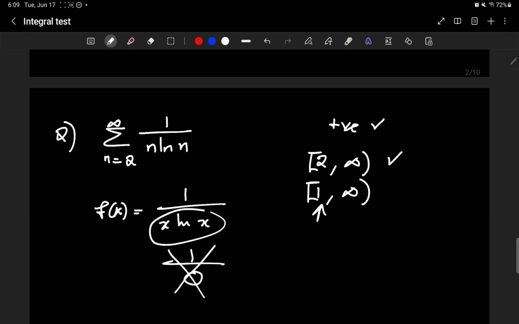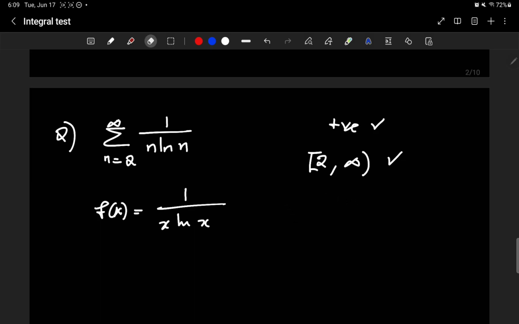So the first condition, continuity, would have failed at x equals 1, had it been included. But luckily for us, our domain starts from x equals 2. So we're not including that 1 which would have given us discontinuity. If we're starting from 2, this will always be continuous, so that condition checks out.